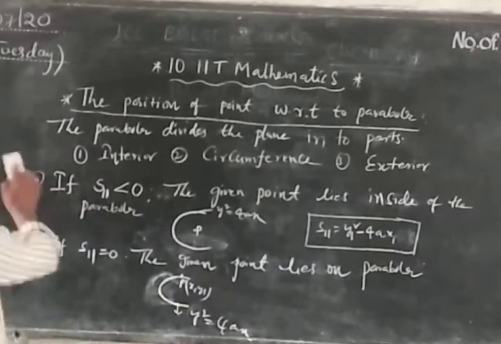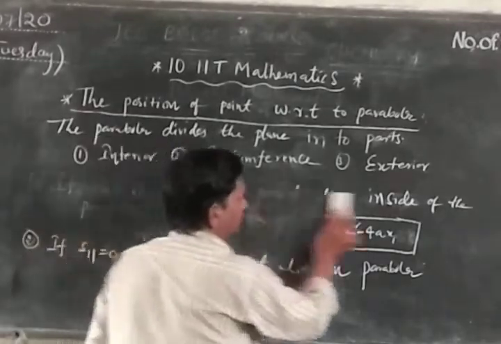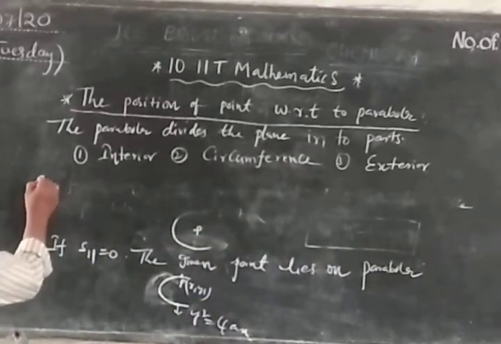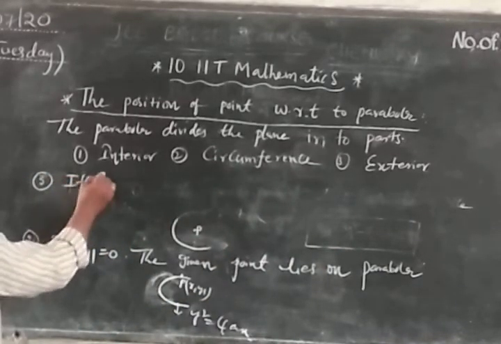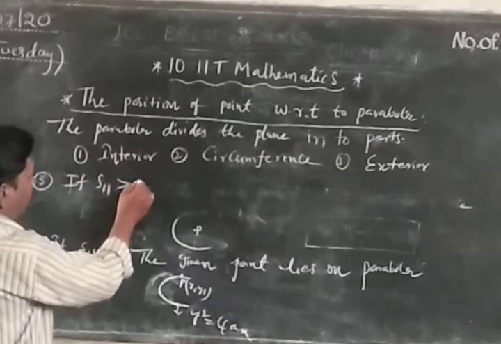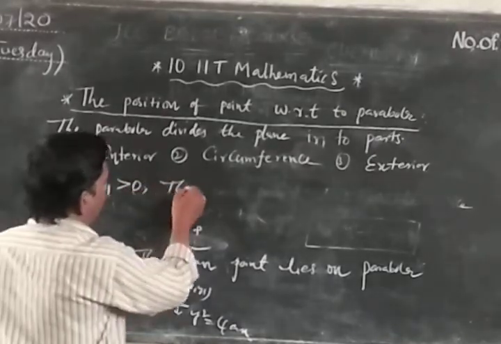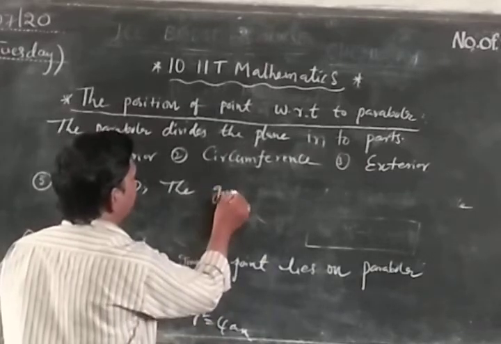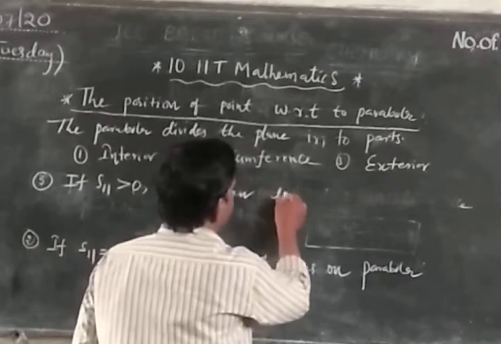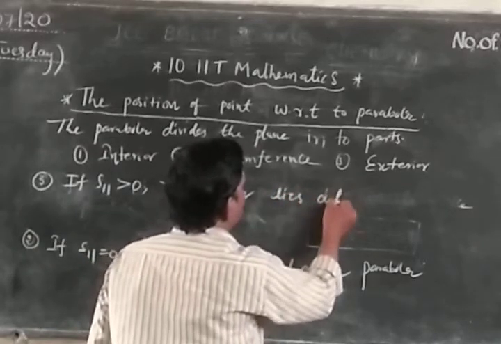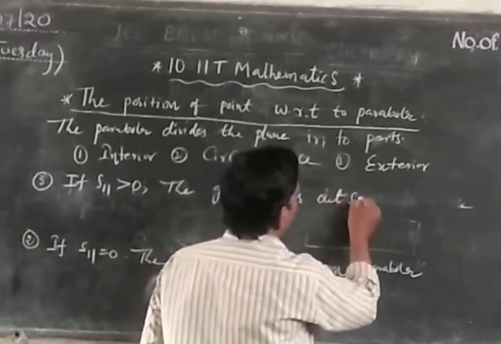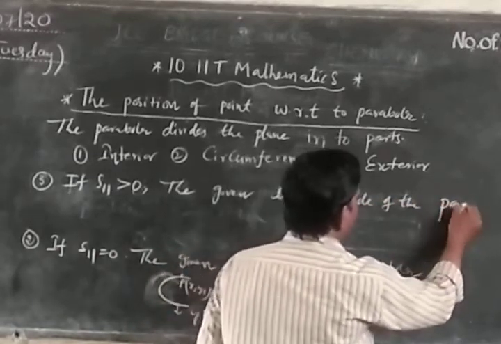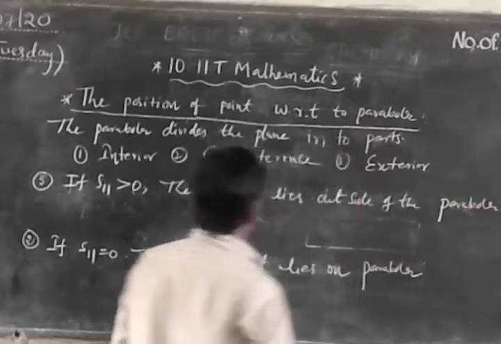And the third one: if S11 is greater than 0, the given point lies outside of the parabola.